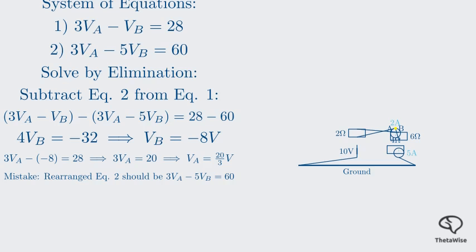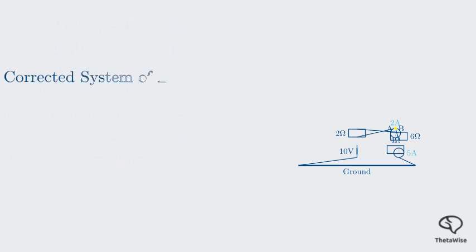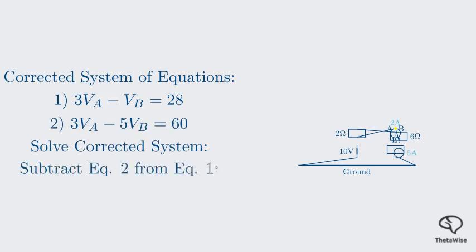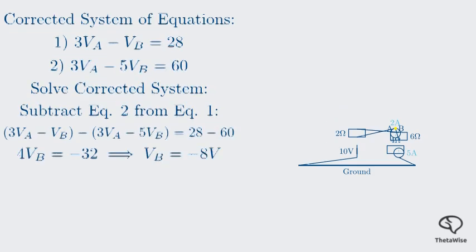If we subtract the second equation from the first, we get 4VB equals negative 32. So VB is negative 8 volts. Plugging that into the first equation, 3VA plus 8 equals 28. So 3VA equals 20, and VA is 20/3 volts, or approximately 6.67 volts.